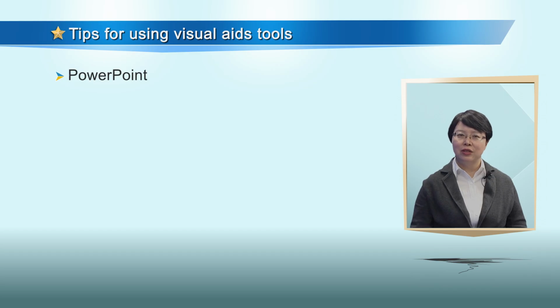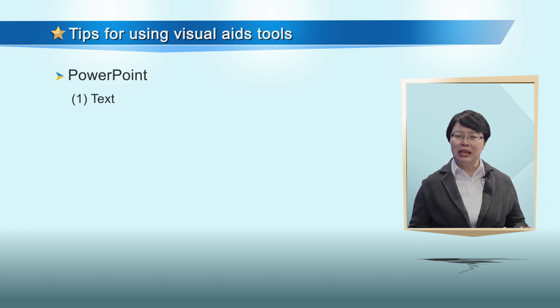You also need to master the gimmicks of producing some commonly used visual aids, such as PowerPoint. There are some guidelines in the design. First, text. Do you know how many words you should show in one PPT?